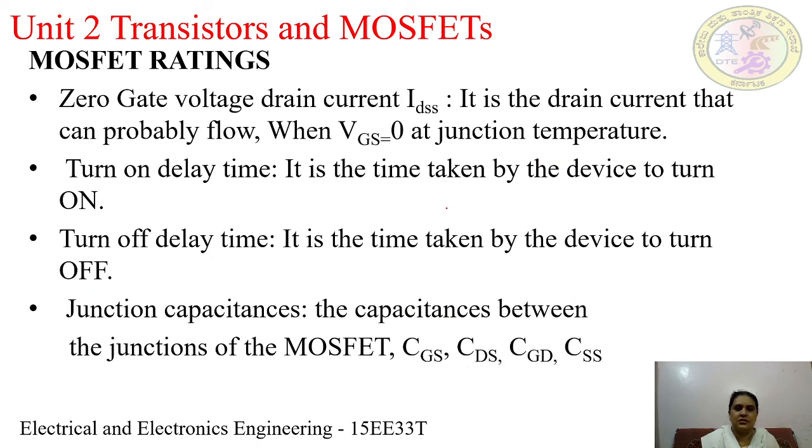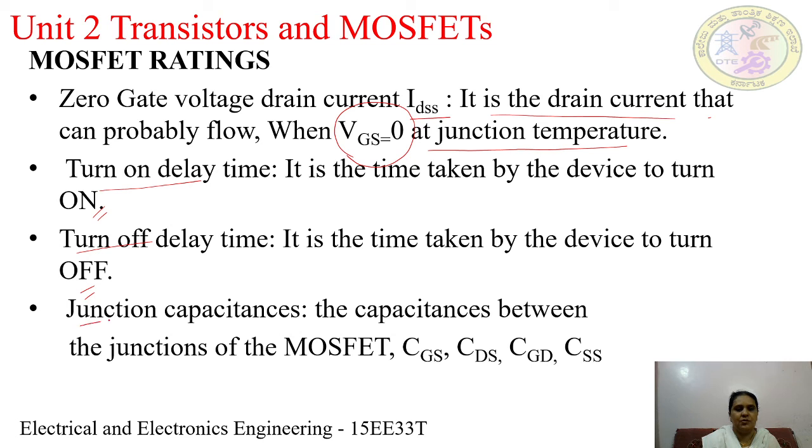The next is what is IDSS? It is the drain current that can flow through the device for different temperatures, but the condition is VGS should be 0. Turn on and turn off times are usually used for the switching operations.